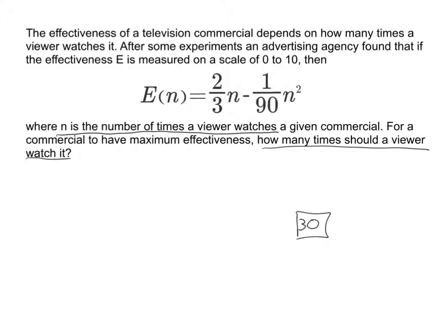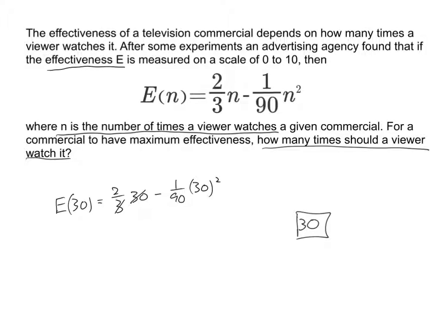Now, this is not a part of the problem, but I am kind of curious. I want to find the effectiveness E at the highest point. What we'll do is plug 30 times into E. So I get 2/3 multiplied by 30 minus 1/90 times 30 squared.